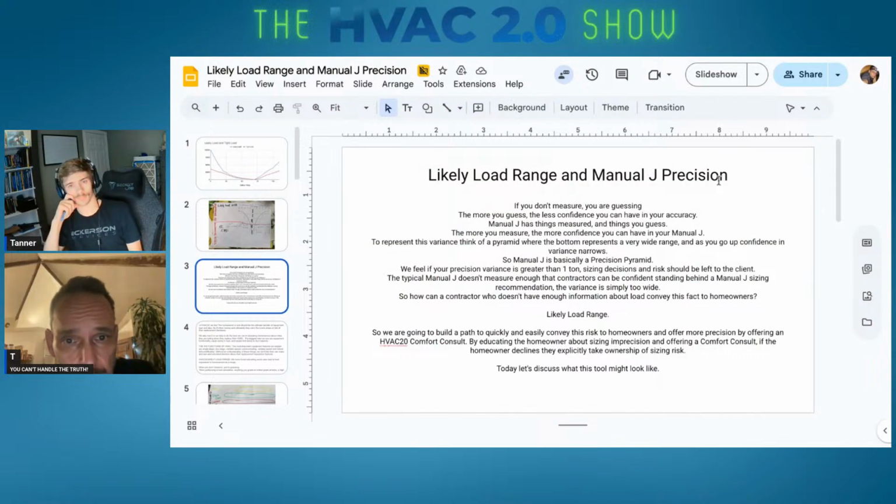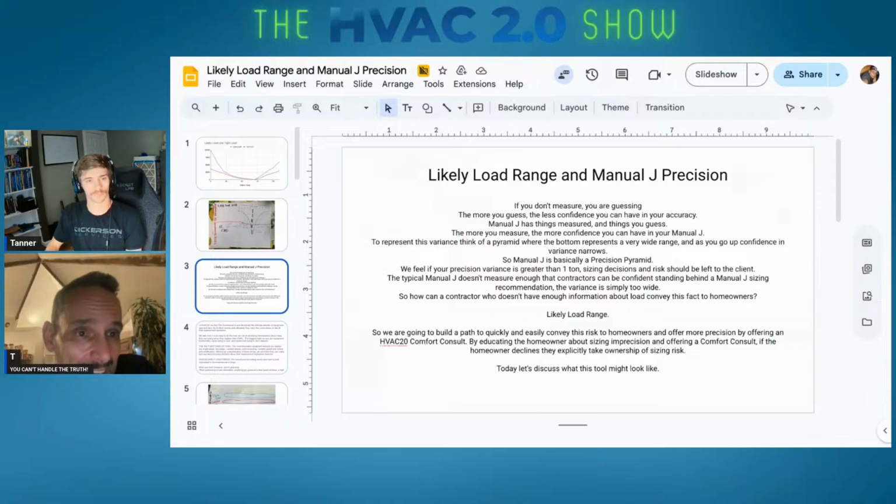As we were talking about likely load range and Manual J precision, back when I was in home performance, you could use Manual J, if you got a lot of information, to get quite an accurate load.